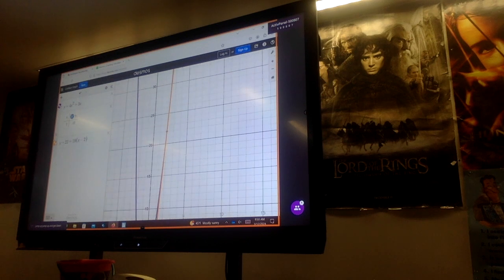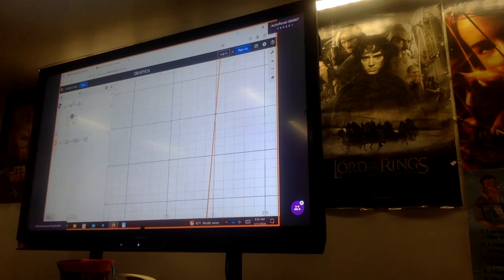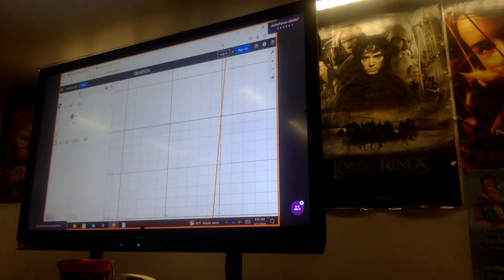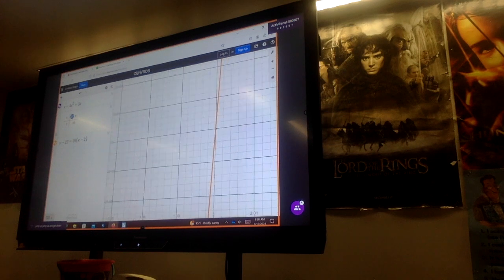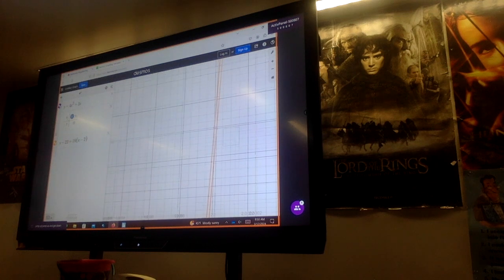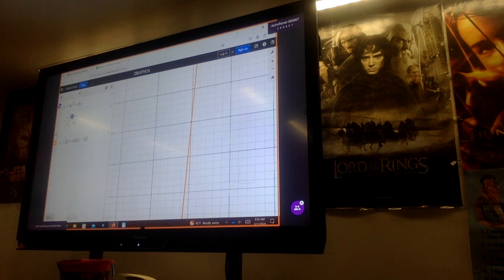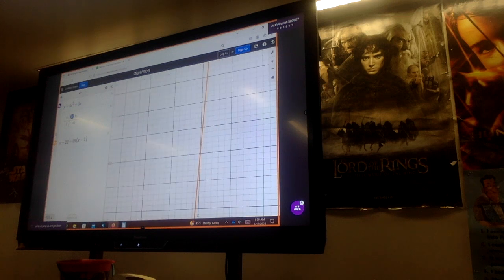Alright. So, this orange line, the point of tangency is that dot right there. If I zoom in, it's probably not going to allow me to zoom in. This is good. It's really close to the parabola. In fact, we can't really see the rest of the parabola.